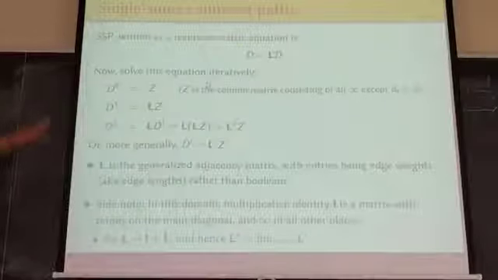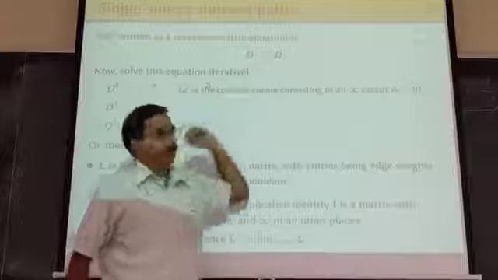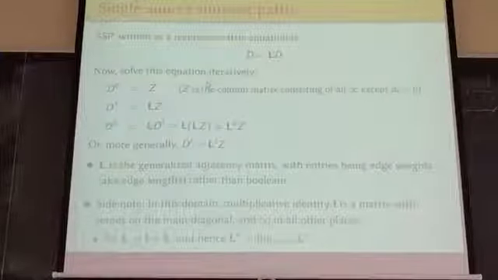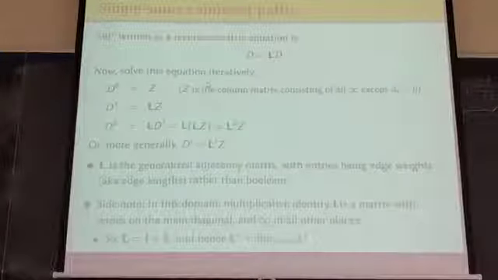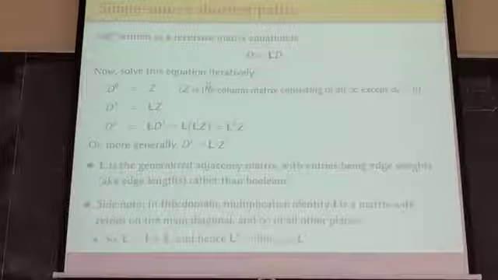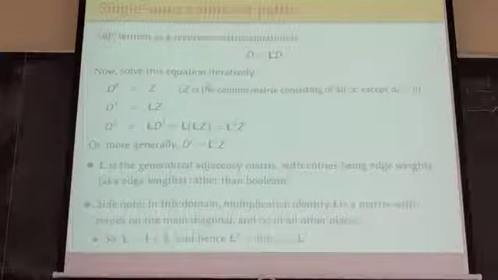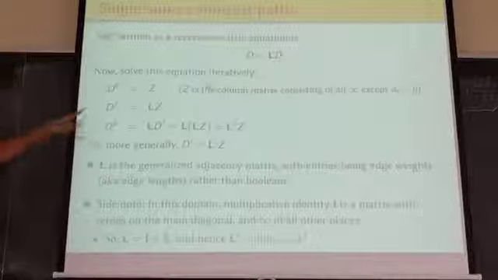So you have D equals LD, and now we are going to use an iterative technique to solve this. Once you have this recursive equation, we simply use an iterative technique to solve it. And this is exactly what we'll do for all of the cases to derive all the shortest path algorithms that we are going to study in this course.